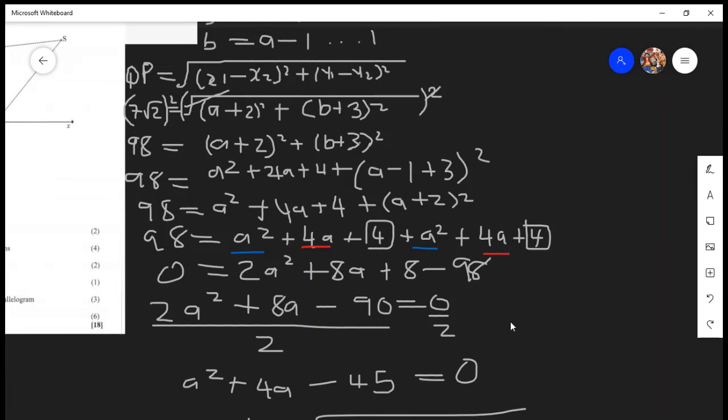What do you mean by that? Step number 4. Okay, what step? Which was step number 4? Okay, can you just say like a line, like 98 is equal to a plus 2 squared plus something like that?